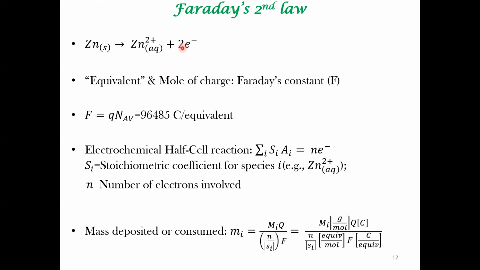Okay, in this case, 2 moles of charge are required for depositing 1 mole of zinc. So all these things have to be taken into account for renormalizing this charge.